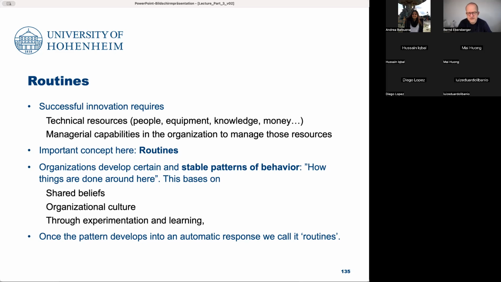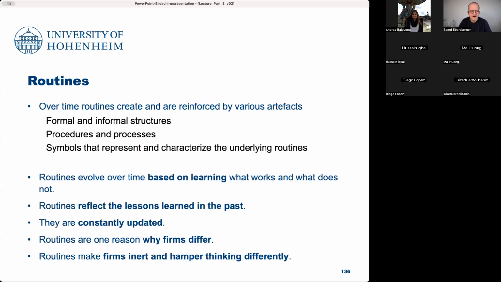A routine would then be for the customer representative to write this down and pass this on, either punch this in a knowledge management system, etc. So the trigger is the customer comes, has an idea, and a quasi-automatic response is triggered by the company. Okay, so these are routines.